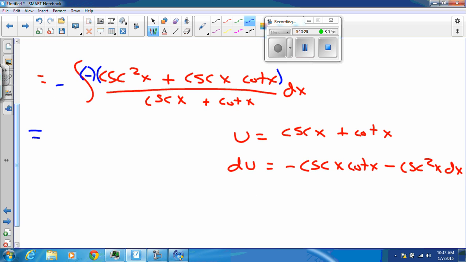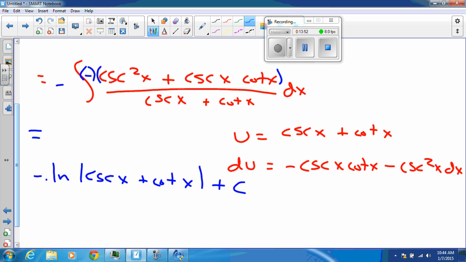Okay. And this gives us now negative ln cosecant x plus cotangent x. And this also you should do a couple of times for yourself so that you can see the logic in it and you don't forget it. However, there is a strange algebraic thing that can happen with this.